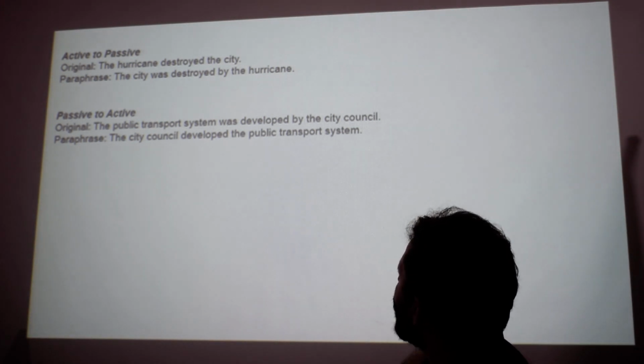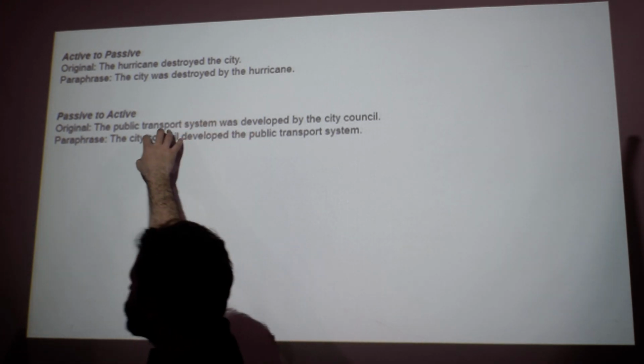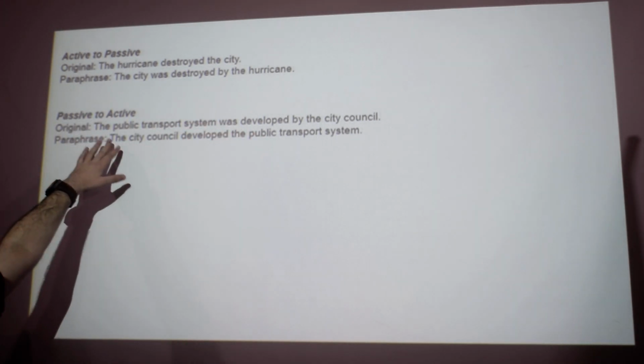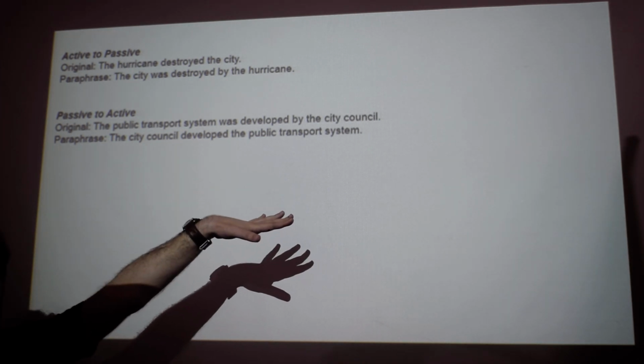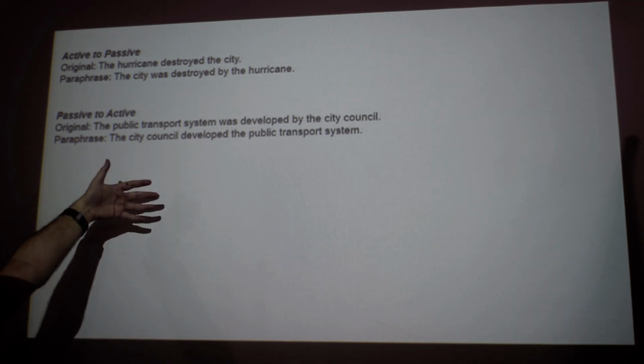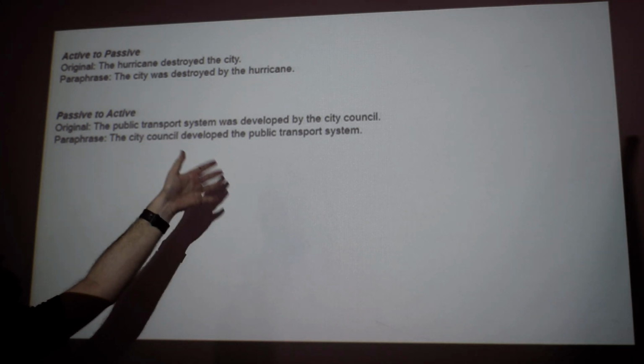For example, this is a question: how the public transport system was developed by the city council. Now we have changed it into: how the city council developed the public transport.